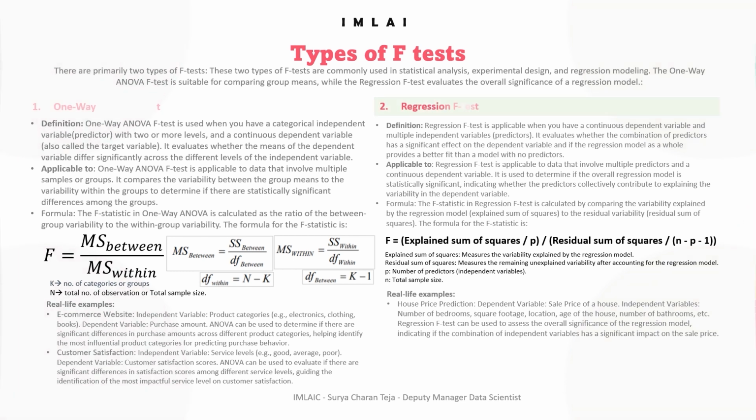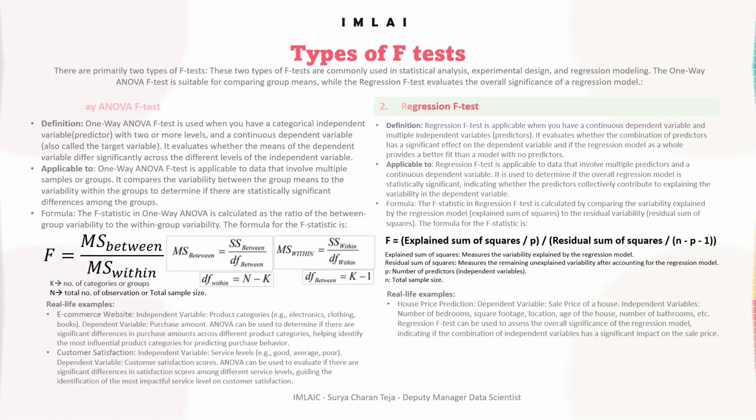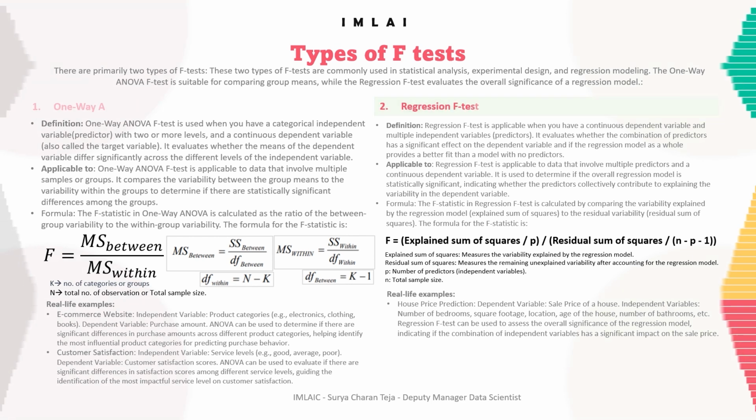Next, another example that we can cover here is customer churn prediction. Here the dependent variable is obviously churn status, whether churned or active. Independent variables are customer demographics, usage patterns, customer service interactions, subscription details, etc. Most of them are categorical.